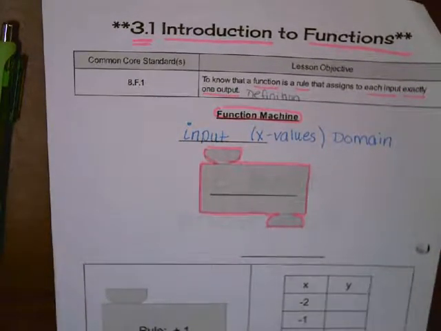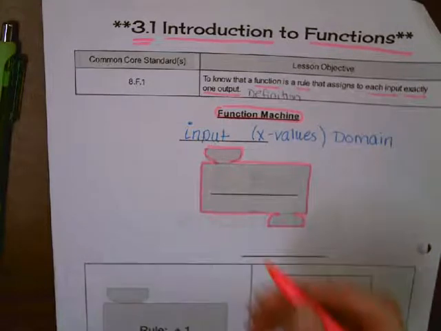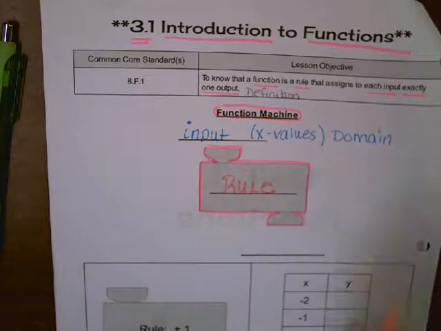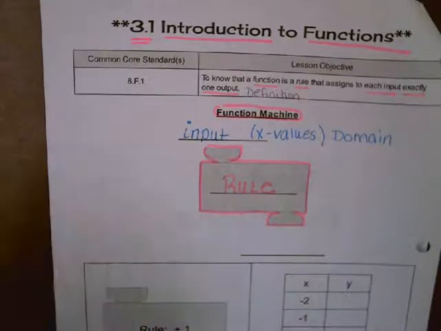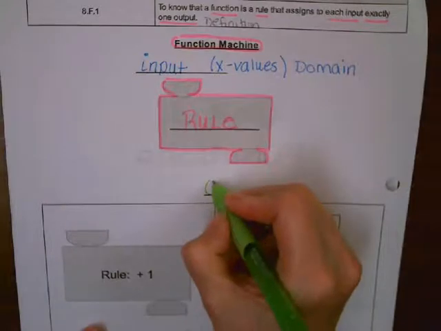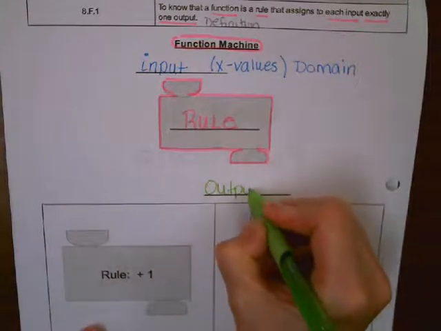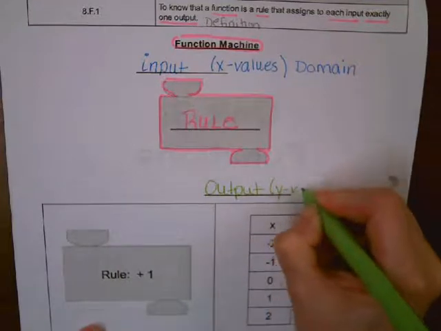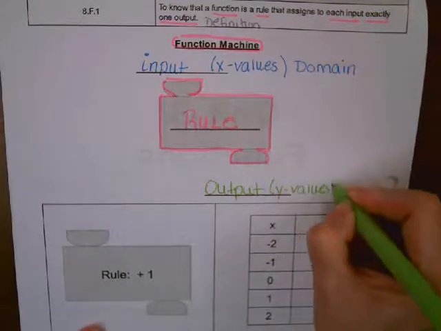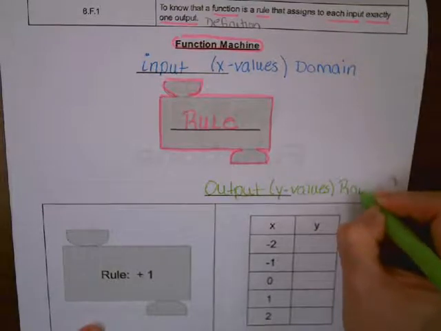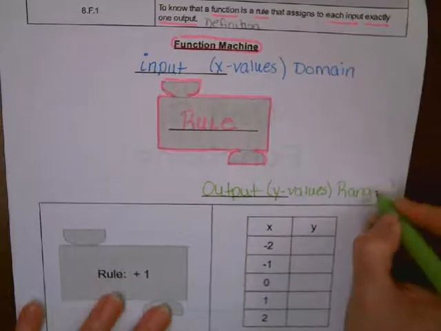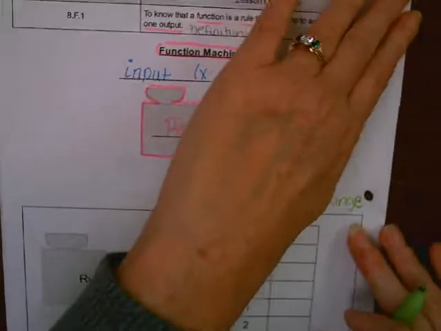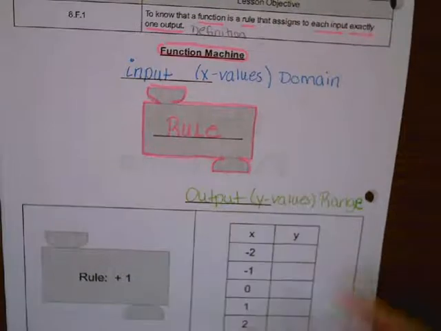Your function machine will have some sort of a rule in which you will get an output, which is also our y values, also called our range. There it is, range.